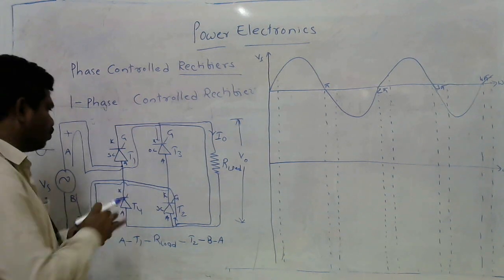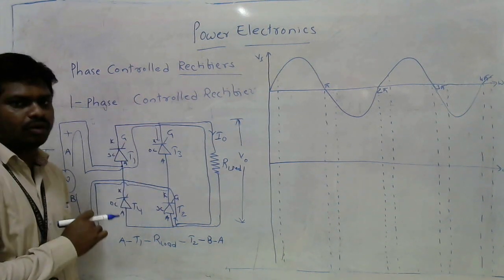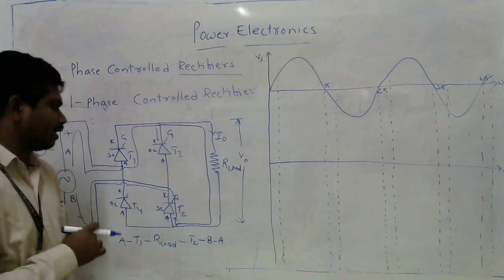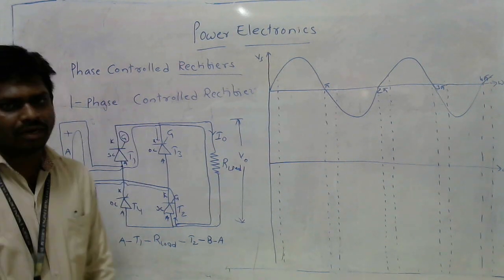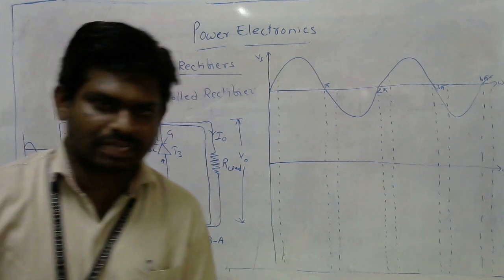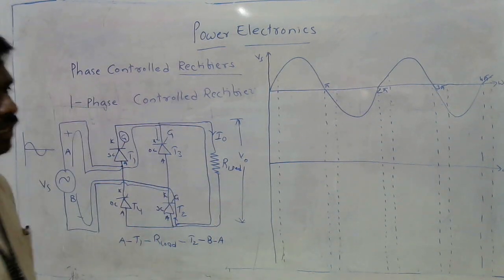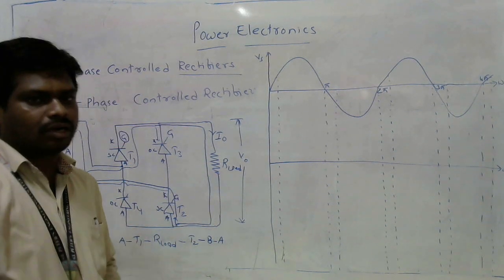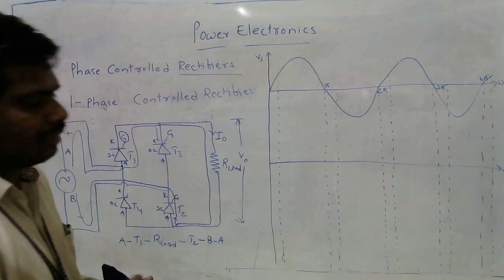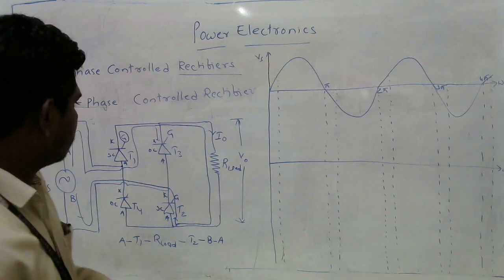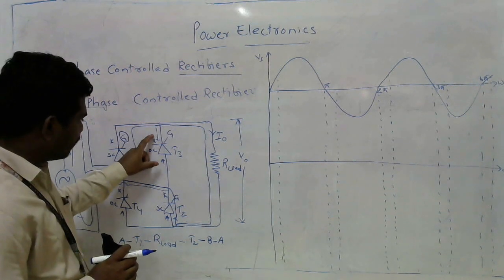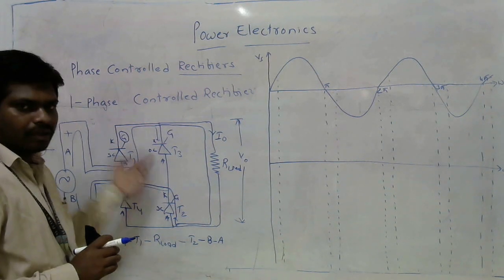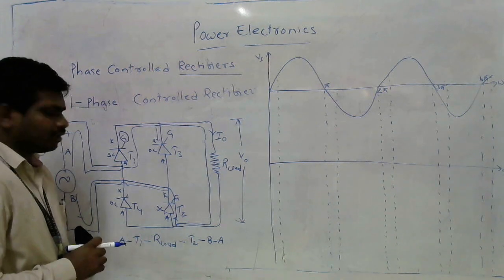This has forward voltage, no doubt. Forward voltage is applied across the anode and cathode. When I give the gate signal to the gate terminal, it automatically comes to the conducting state, as we know, if the anode current is more than the holding current. And the question here is, there is a reverse voltage appearing across this open circuited thyristor.